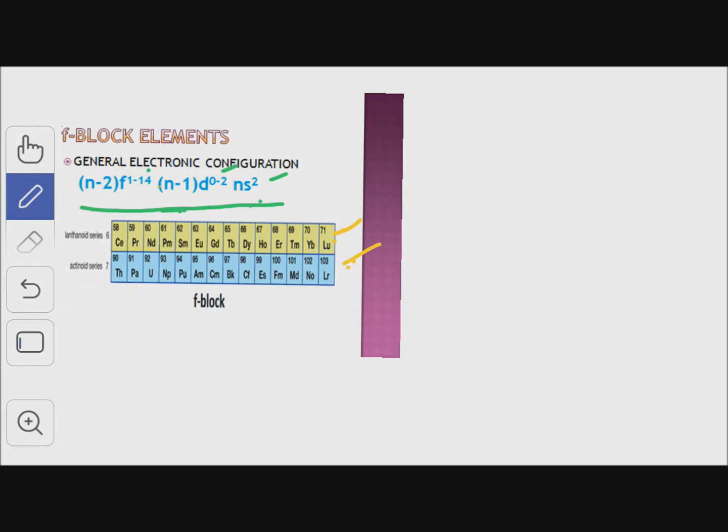Depending upon whether the last electron enters into the 4f orbital or 5f orbital, these are divided into two series.